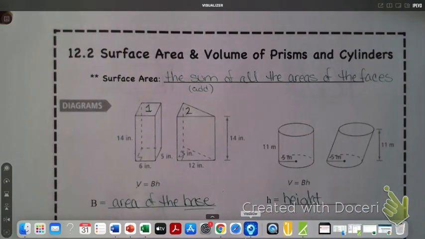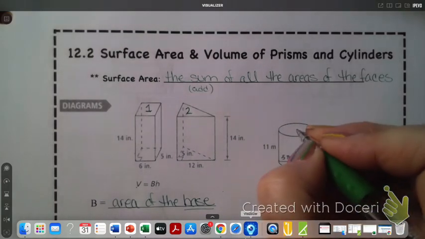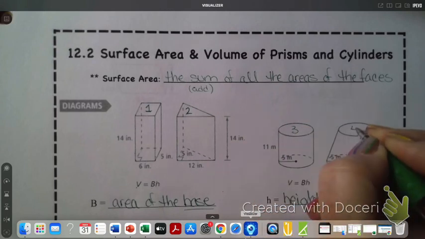So when I do the area of the base, I need to do the area of the triangle. Does that make sense? So these are cylinders, so the base is a what? Circle. Whether it's laying on its side or standing up, the base is still a circle. Make sense? And we're going to name this a 3 and this a 4.